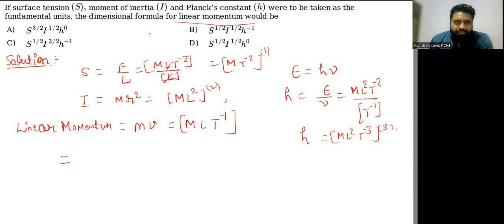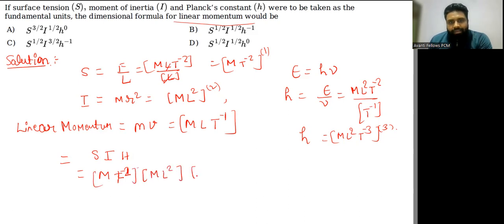If I just multiply this, S I H, S has a dimension of mt minus 2. I has a dimension of ml square, and H has a dimension of ml square t minus 3. Now, we need only one power of m, only one power of L, and minus one power of t.